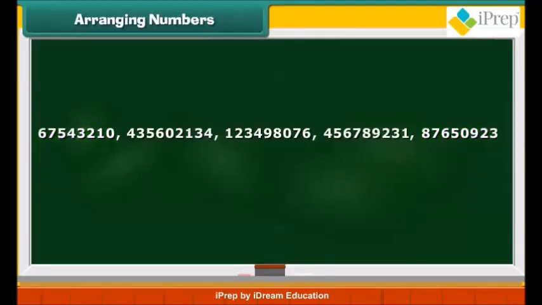Since we are arranging the numbers in the descending order, 9-digit numbers will come first, followed by 8-digit numbers.